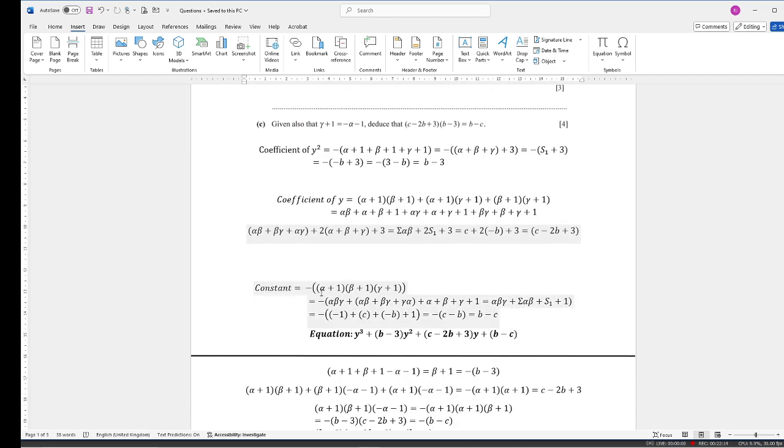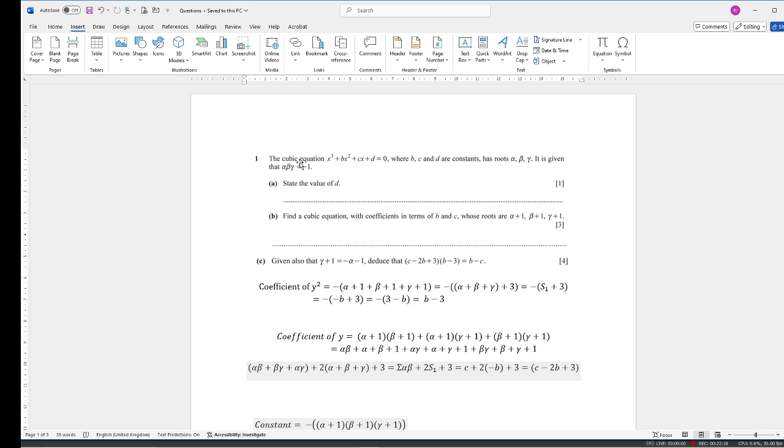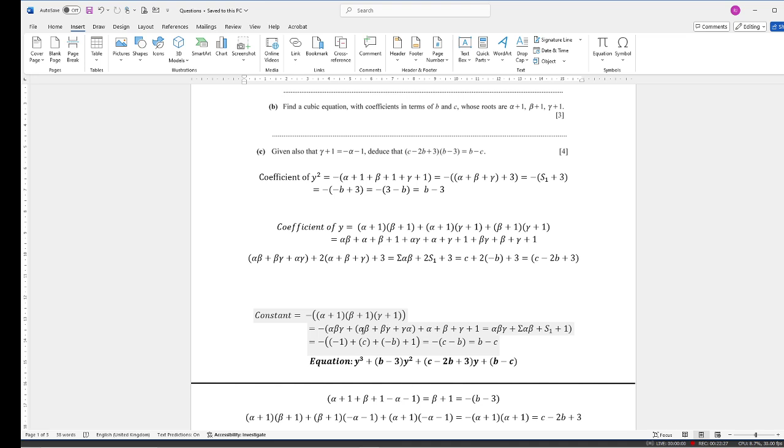Moving on, for constants, we can use the products, and as you can see over here, alpha beta gamma equals -1, which is a constant over here. Similarly, our new roots, alpha plus 1, beta plus 1, gamma plus 1, we multiply them all together, and we're going to get this right here. And you can further evaluate this to get alpha beta gamma plus summation of alpha beta, which is just the sum of pairwise products, plus S1 plus 1.